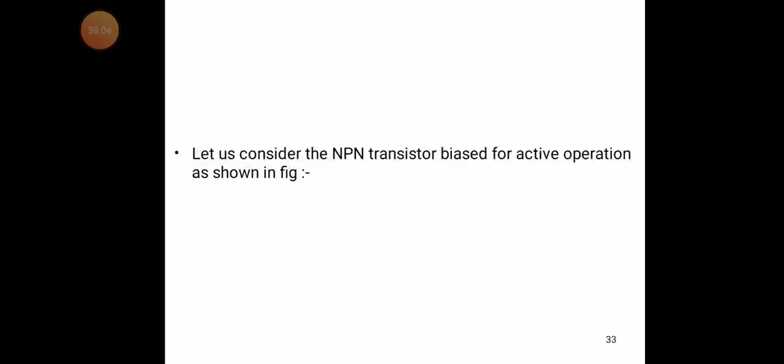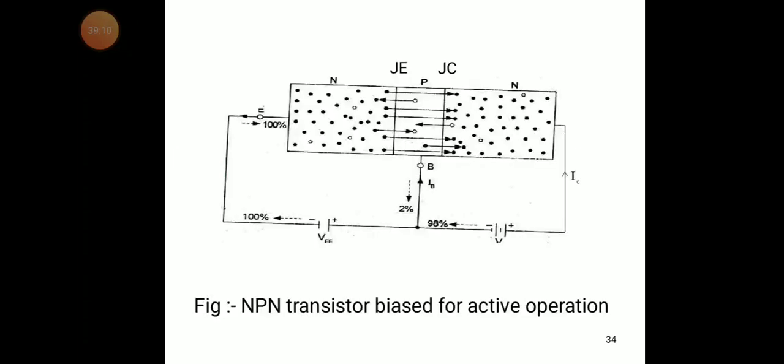Let us consider the NPN transistor biased for active operation as shown in the figure. So this is the NPN transistor. Last time we discussed the PNP transistor. In the NPN transistor, with emitter junction and collector junction, the majority charge carriers are electrons. You can see the NPN and the direction there.